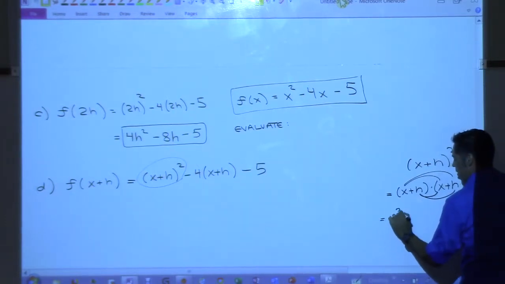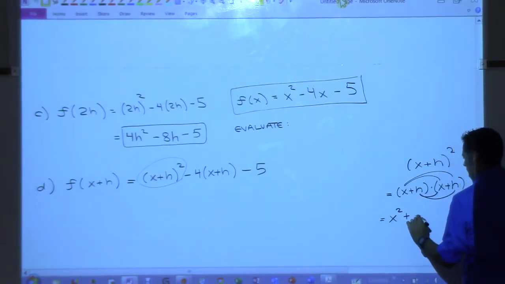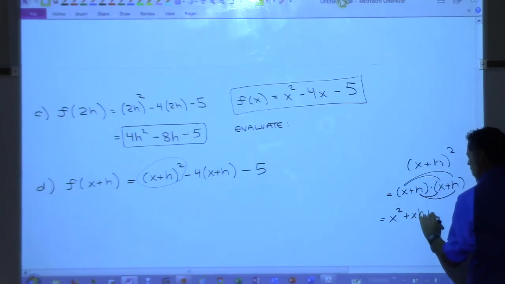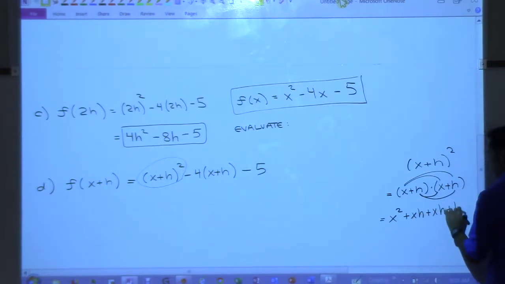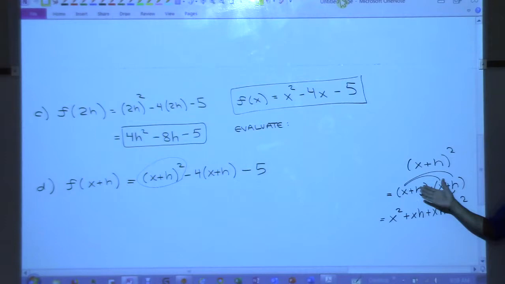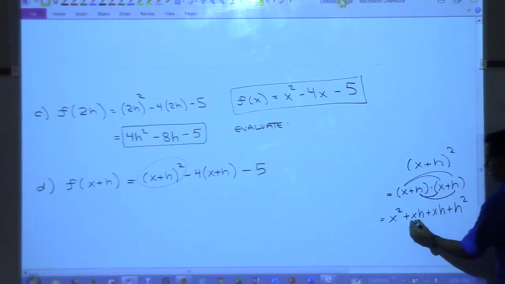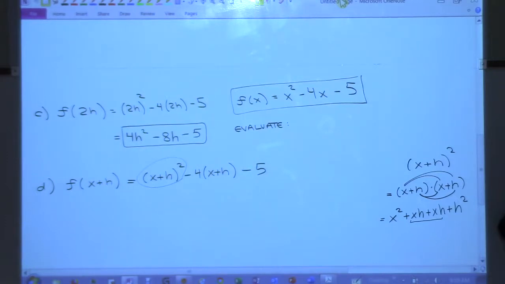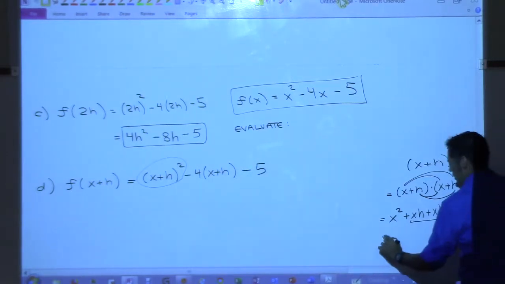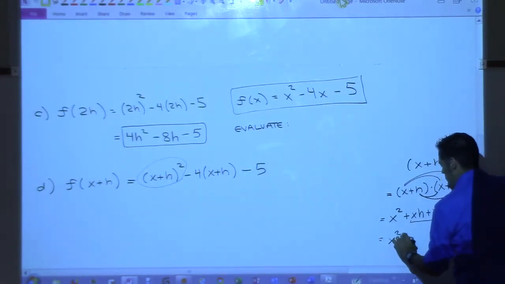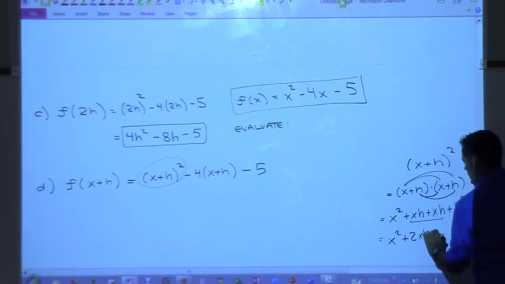And you will get x squared plus xh plus xh plus h squared. I'm going to trust that you can do that because we've done this already, right? And then you can combine these two like terms because they're both xh's. So we should get x squared plus 2xh plus h squared.